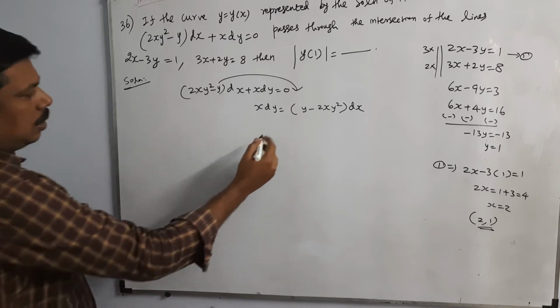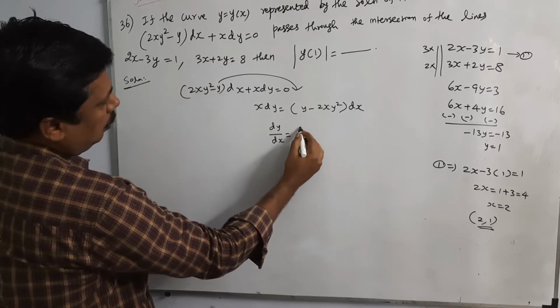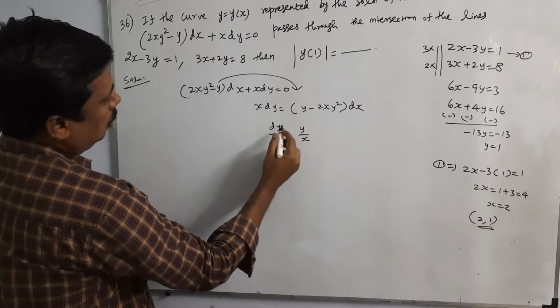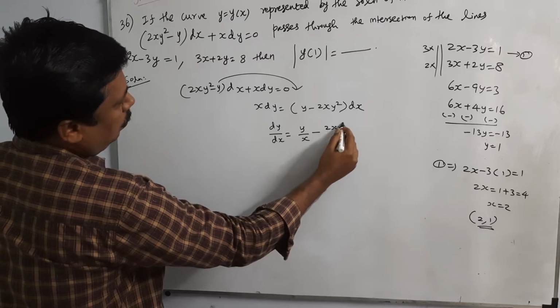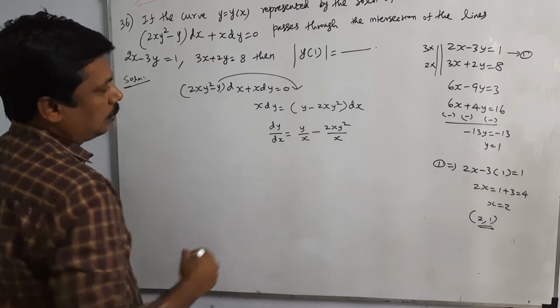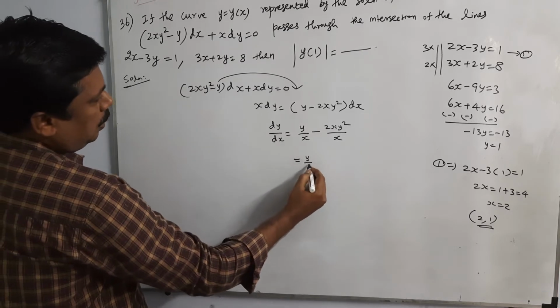Okay, what is dy by dx? dy by dx equal to y by x minus 2xy square by x. So this is y minus x.